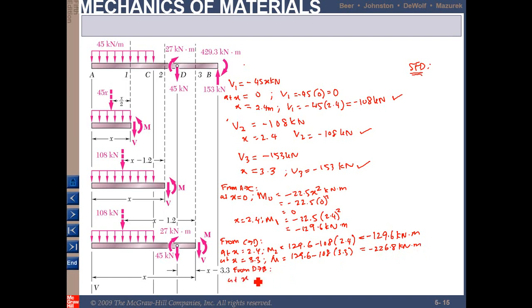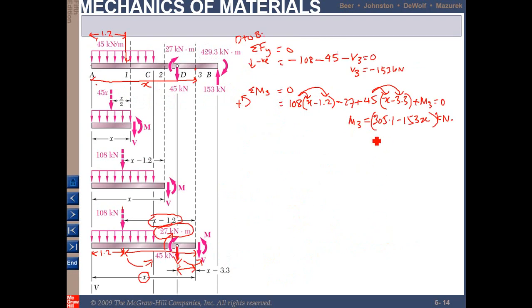at x equal to 3.3, M for this D to B is this one. So you put the value of x equal to 3.3 to here, to this x.